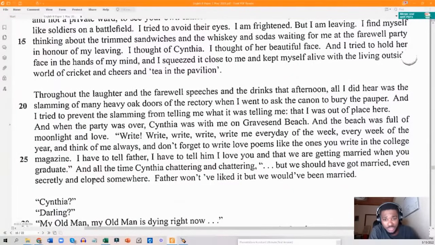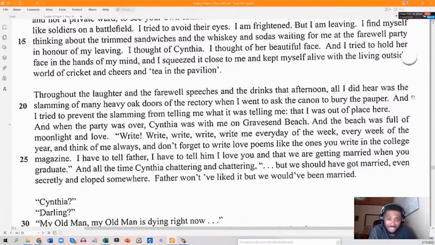Throughout the laughter and farewell speeches and the drinks that afternoon, all I did hear was the slamming of many heavy oak doors of the rectory when I went in to ask the canon to bury the pauper. And I tried to prevent the slamming from telling me what it was telling me, that I was out of place here. And when the party was over, Cynthia was with me on Gravesend Beach. And the beach was full of moonlight and love.